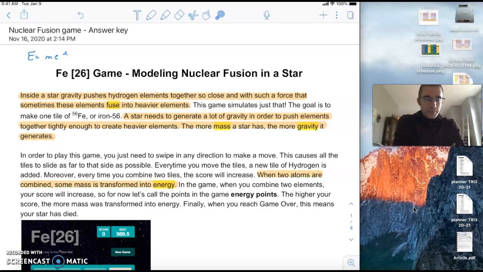What Einstein figured out is that if you take mass, like an atom, and speed it up to the speed of light squared, you get energy out of it. This was a revolutionary idea of how mass can be turned into energy, and that's really what's happening at the core of these stars.